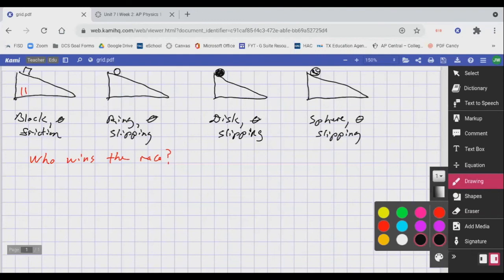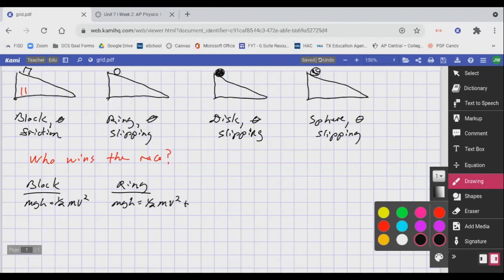We can say, okay, for the block, we're going to have energy at the top is equal to energy at the bottom, right? So if we say mgh is equal to 1/2 mv squared, okay, for the ring, we're going to say mgh is equal to 1/2 mv squared plus, now this is a ring, so the ring is just mr squared, right?